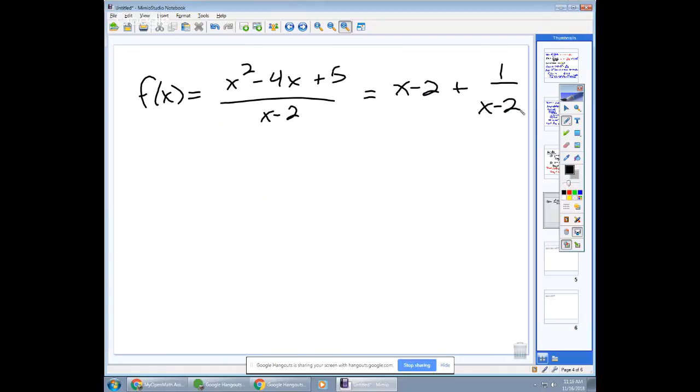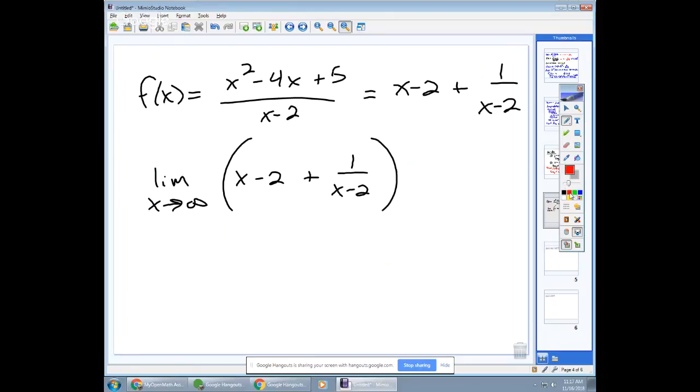And the way to think about this is horizontal and slant asymptotes happen as x gets big. So if I consider the limit as x gets big positively of this function, I'm going to write it in the second form. What's going to happen here is this fraction is going to be 1 over a bigger and bigger number, like 1 over 1,000 and 1 over 1,000,000 and 1 over 1,000,000,000, which means it is heading toward, 1 over infinity, which would be 0.